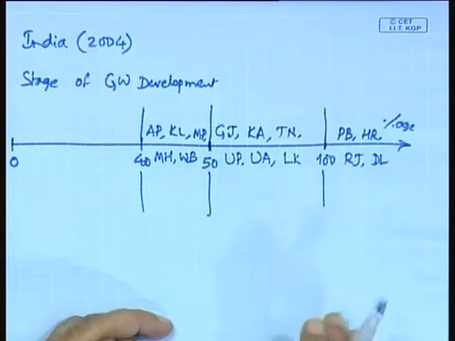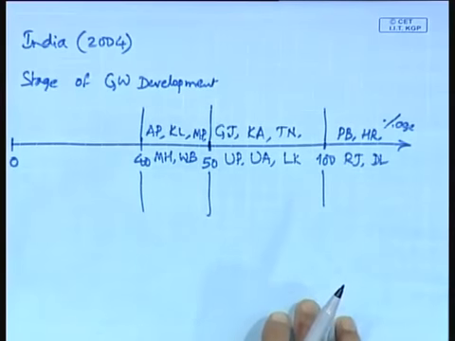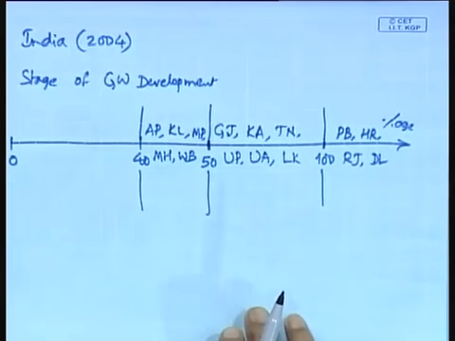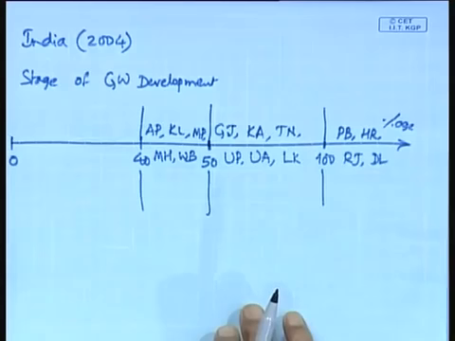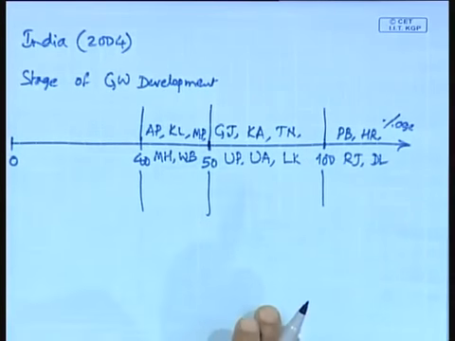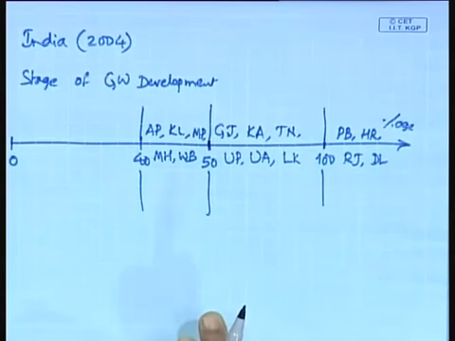So, at least 13 states, covering almost 50 to 60% of the physical area of India, were significantly dependent on groundwater. So, this explains the importance of groundwater utilization in the developed world, for example the USA, as well as the developing world such as India.